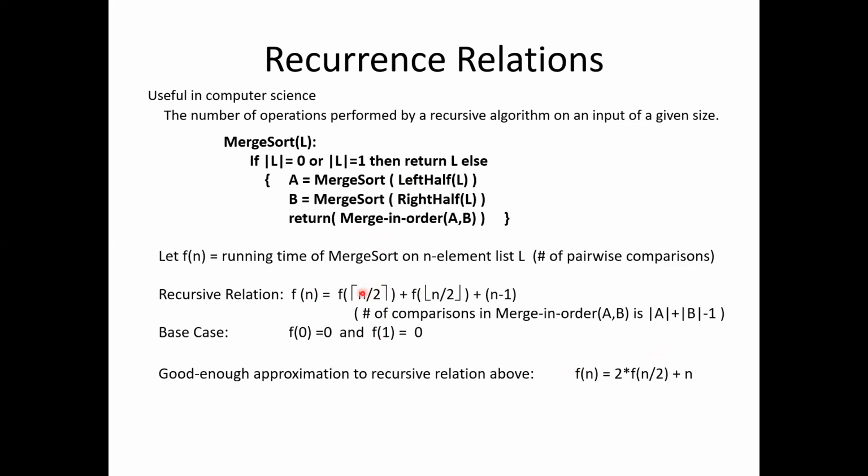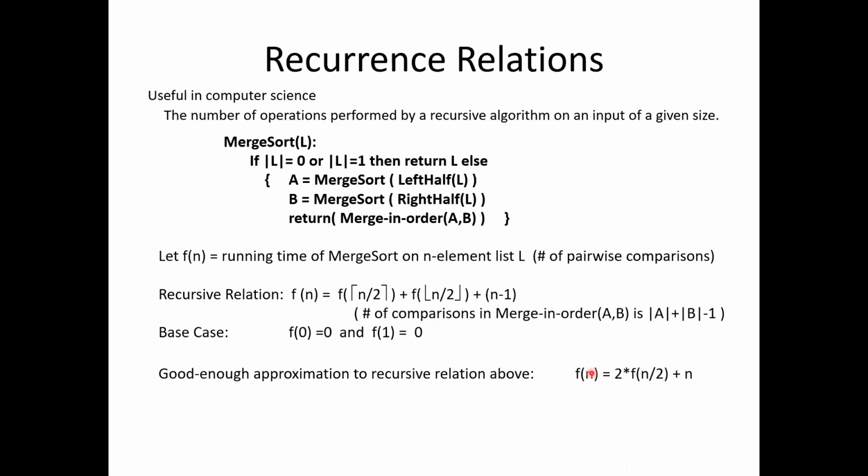In fact, as I said, this floor and ceiling is kind of noise. So is this one. Let's just simplify it like this: f of n is 2f at half the index plus n. This really is a good enough approximation to what goes on here. And you can ask, well, so what is it?